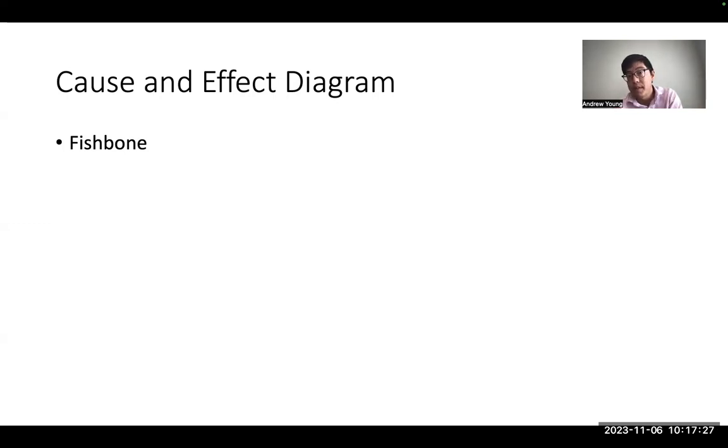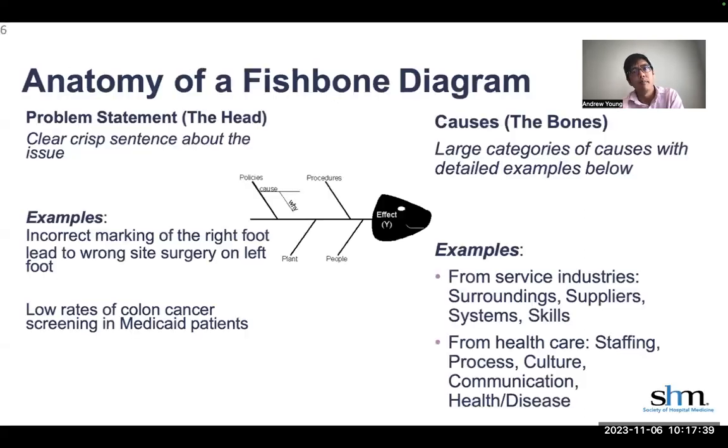So one is the fishbone. It's also called a cause and effect diagram. In Lean, they call it an Ishikawa diagram. I think it's named after the person who first used it, whose name was Ishikawa. They're all referring to the same thing. The reason it's called a fishbone diagram is because it looks like a fish with bones. What you have is a problem statement, which is the head.